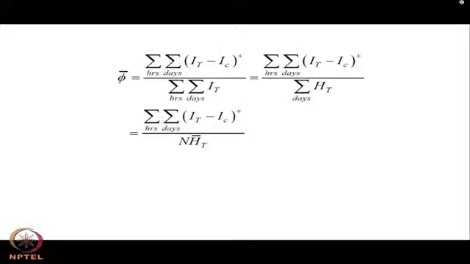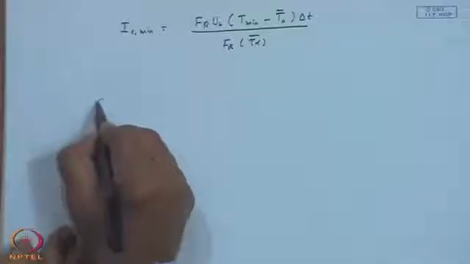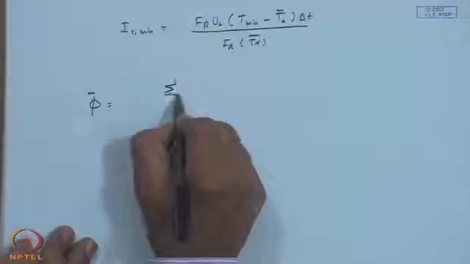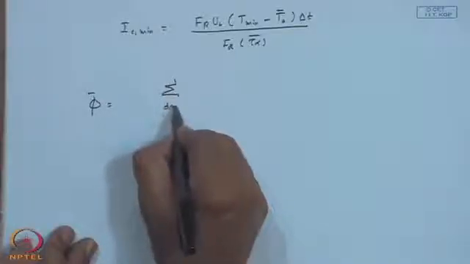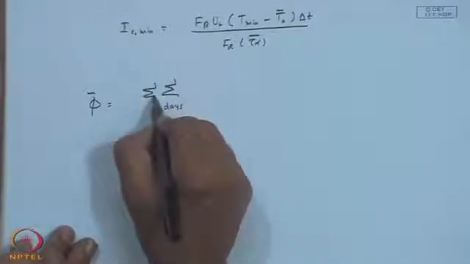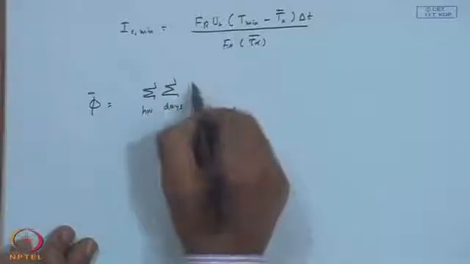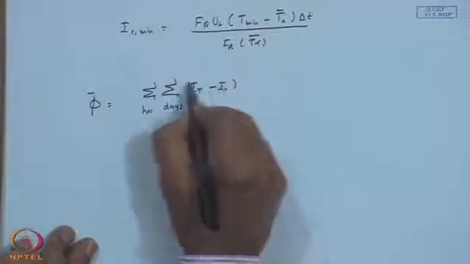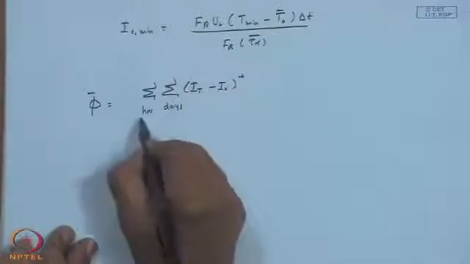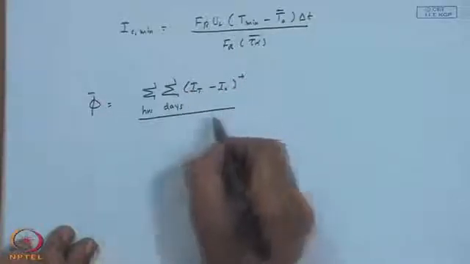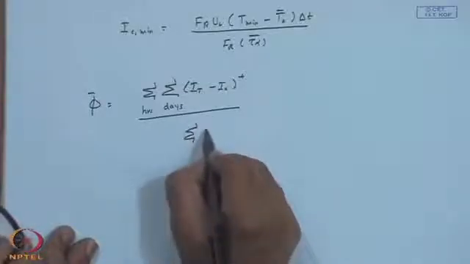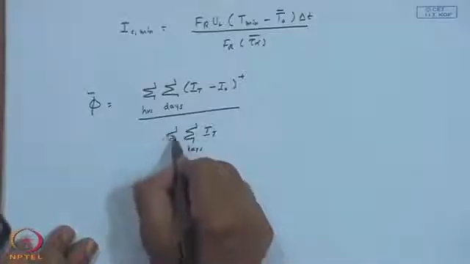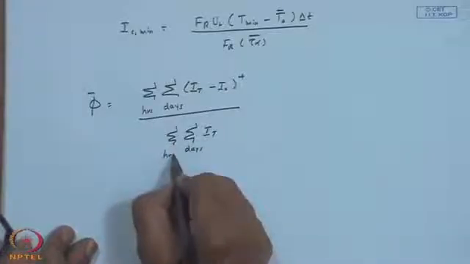So, from the definition, how do I write it down? Now, my phi bar should be equal to summation over days, over hours, of I t minus I c superscript plus, by sigma I t over days, over hours.